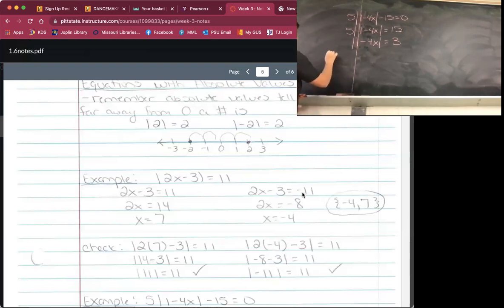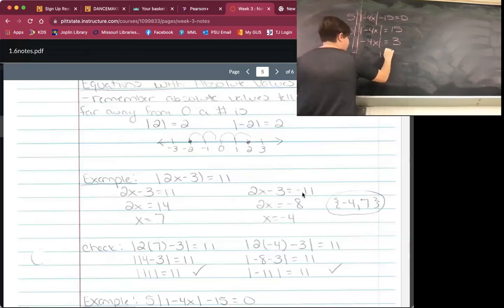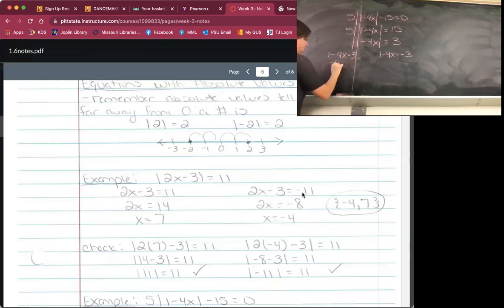I can have 1 minus 4x equals 3, and 1 minus 4x equals -3. I'm going to subtract 1 over. Divide both sides by -4. -2 over 4 simplifies down into -1/2.